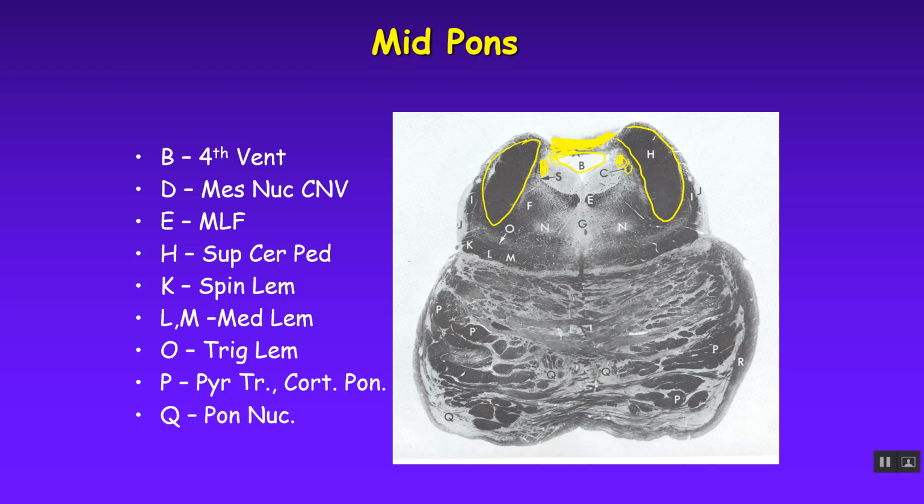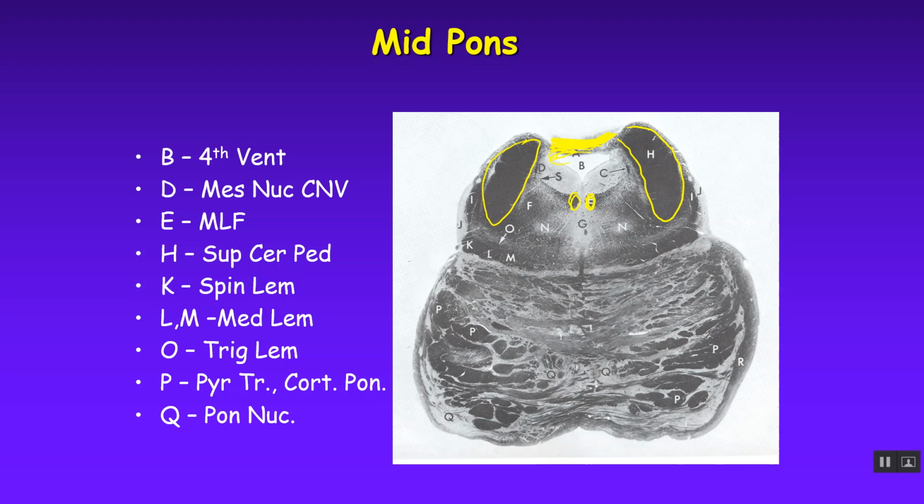And remember, the mesencephalic nucleus is just the proprioceptive information coming from the TMJ to go up there, that little tip of that nucleus up there. So that's why even though we're not in the mesencephalon yet, it starts a little bit lower. These structures are all elongated a little bit and cover territory superior to inferior.